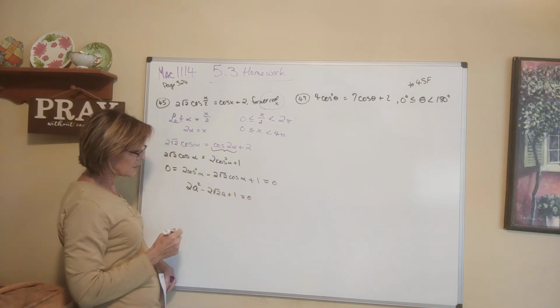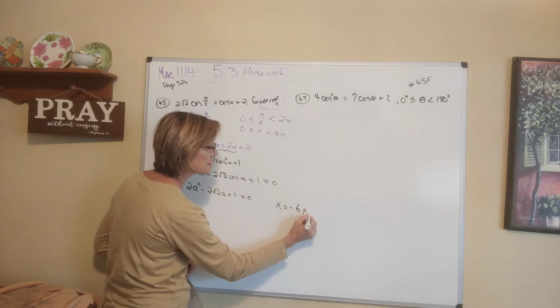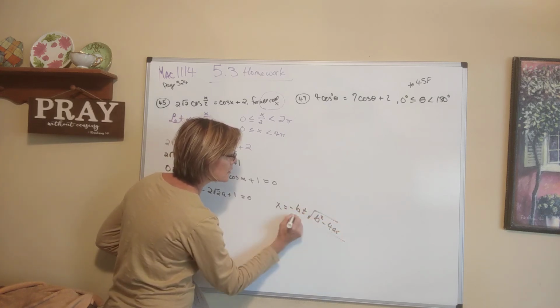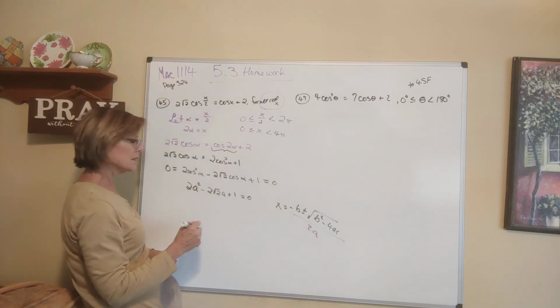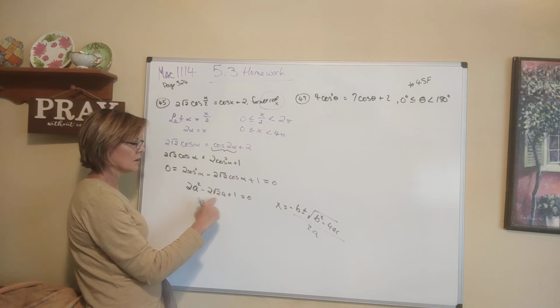All right, I'm going to use the quadratic formula, which is x equals negative b plus or minus the square root of b squared minus 4ac, all over 2a. In this case, my b is negative 2 square root of 2, and my a is 2.